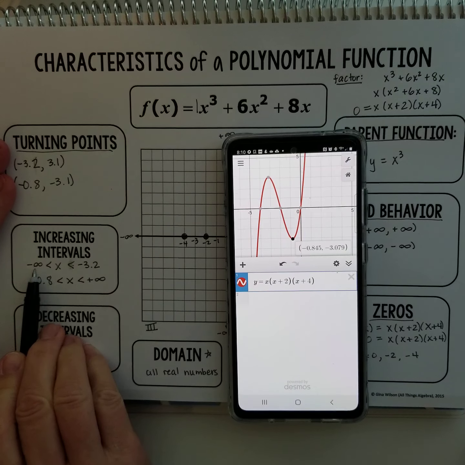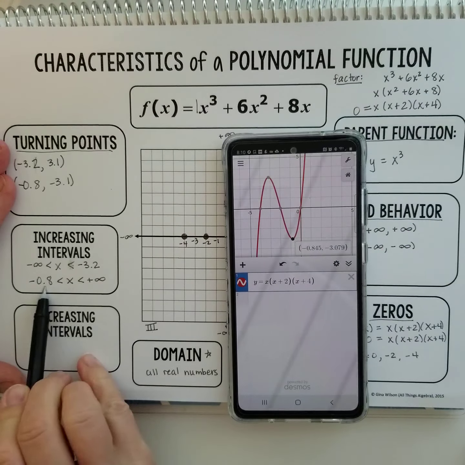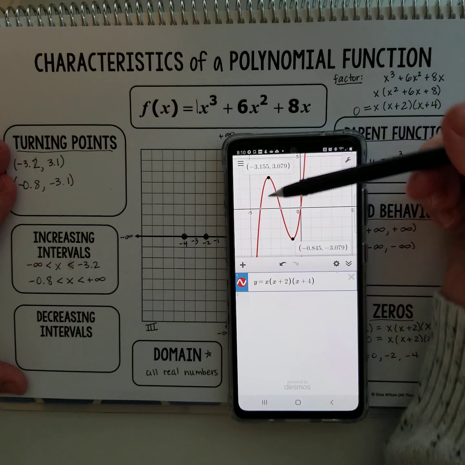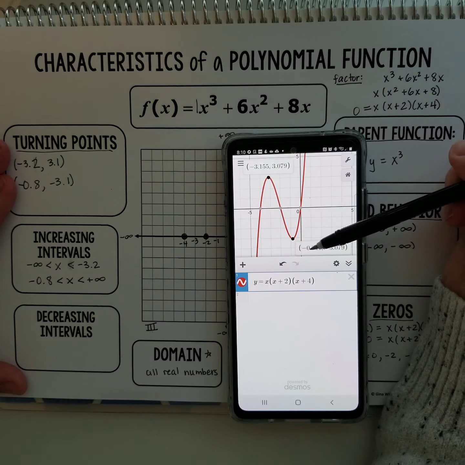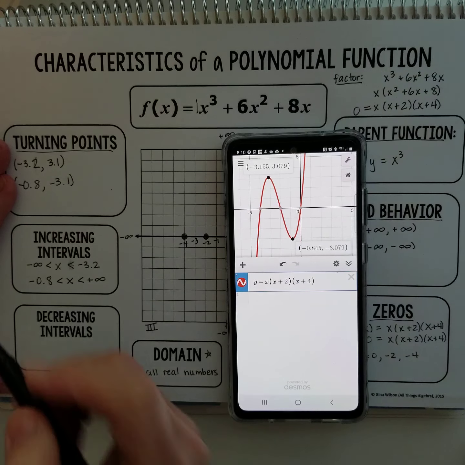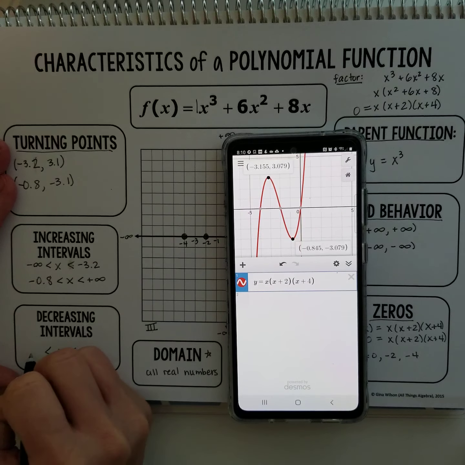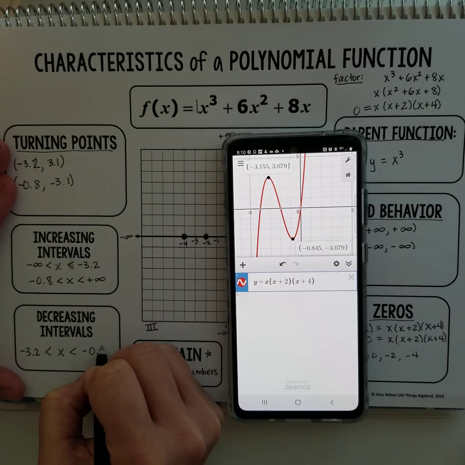So we put our minimum value and our maximum value for the first increasing part, and then our minimum and maximum for the next increasing part. So our decreasing interval is between here, from when x is negative 3.2 to when it's negative 0.8. And there's only one, right? So the minimum at negative 3.2 and the maximum at negative 0.8.